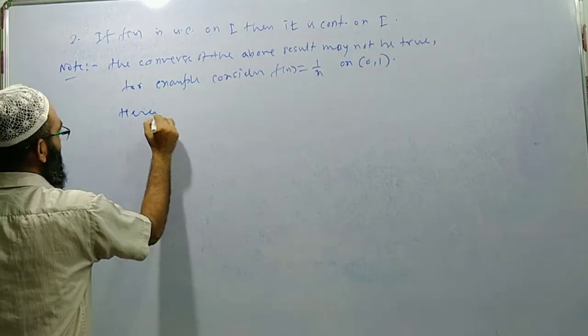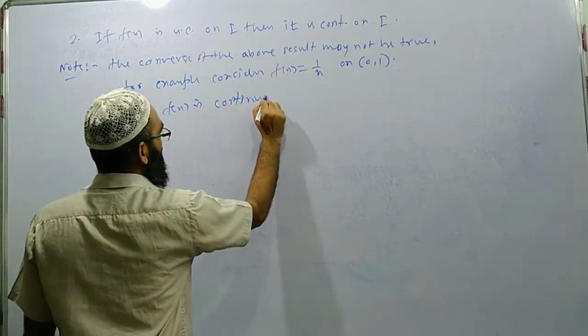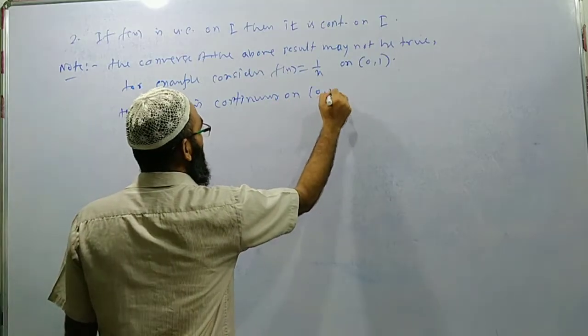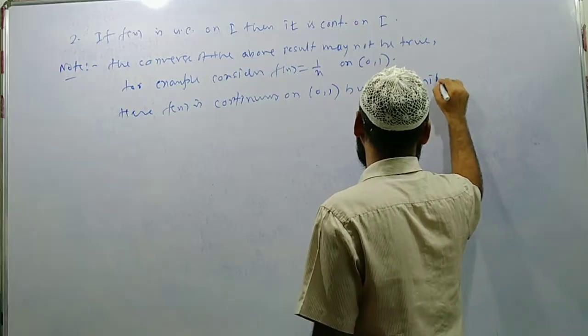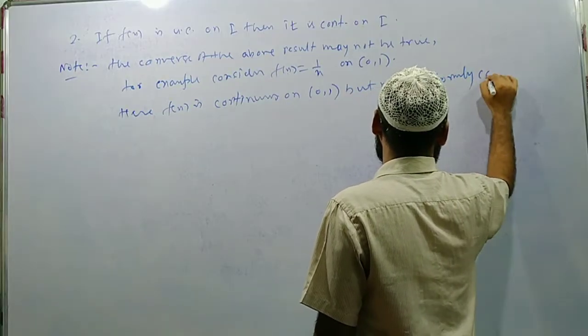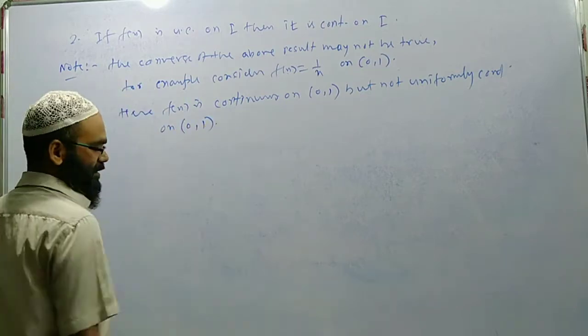Here f(x) is continuous on (0, 1) but not uniformly continuous on the open interval (0, 1).